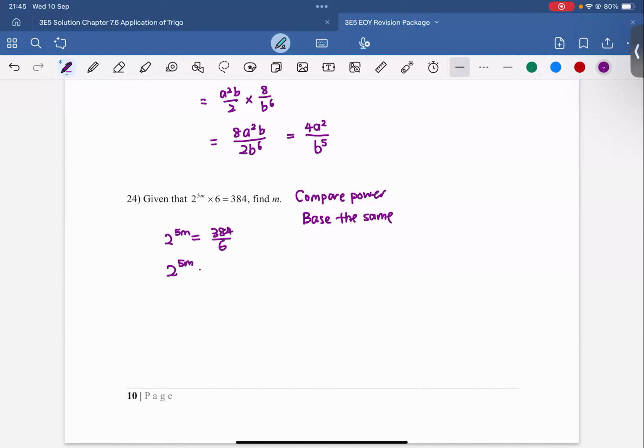We will get 64. If you need to guess, you just press your calculator. 64 is actually 2 to the power of what? It is actually 2 to the power of 6. So now we can compare power. Then we can say that 5m is equal to 6, and m is just equal to 6 over 5.